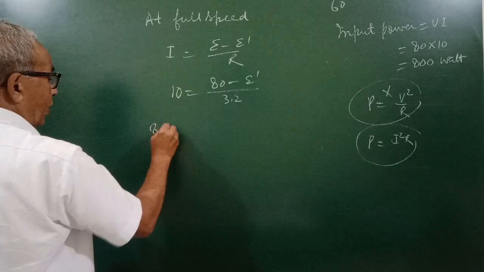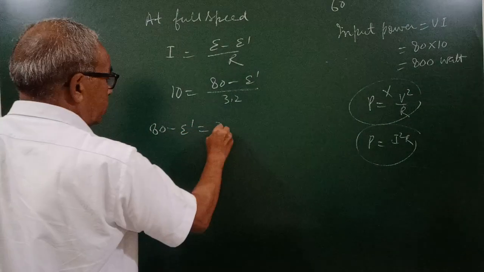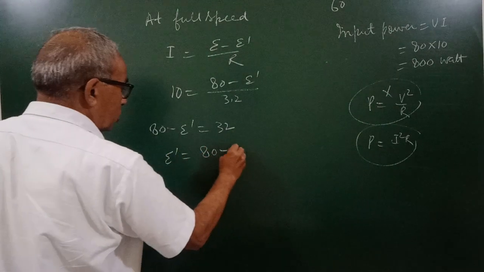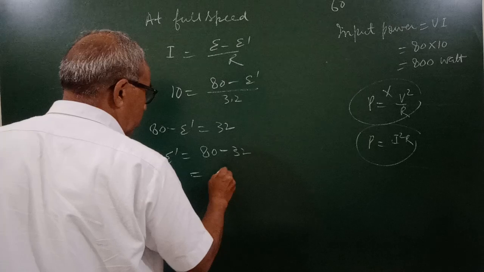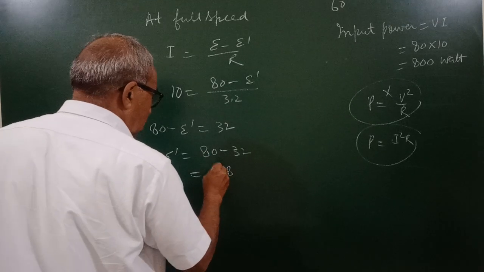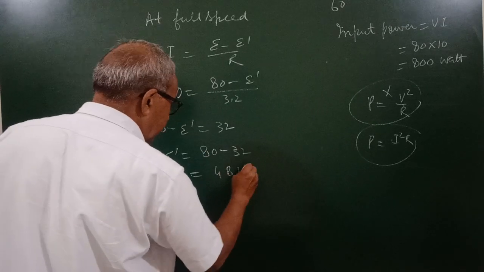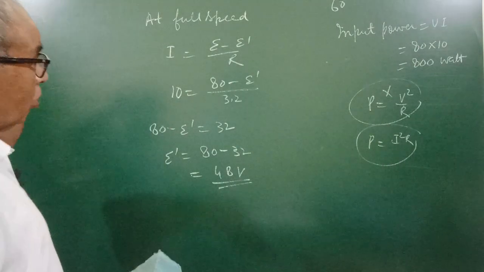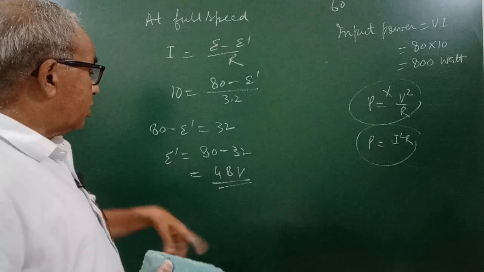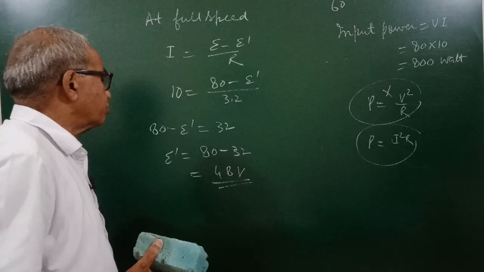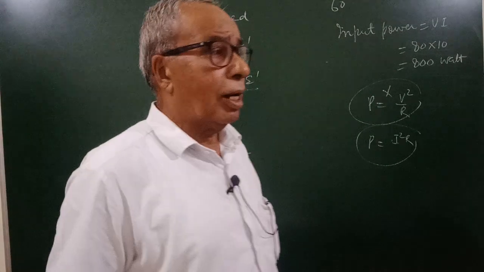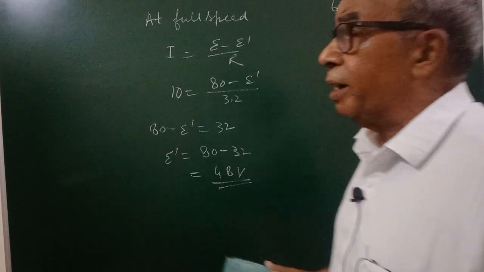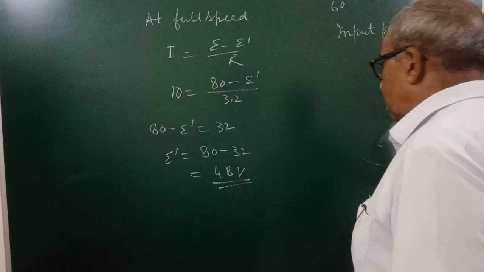So 80 minus E dash equals 32. So E dash equals 80 minus 32, equal to 48. This is the back EMF. So the net voltage remaining is 80 minus 48, which is 32. 32 volt will be the potential difference across this motor when it is running at full speed.